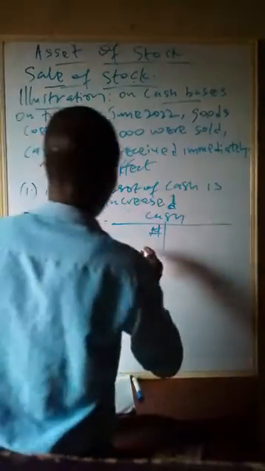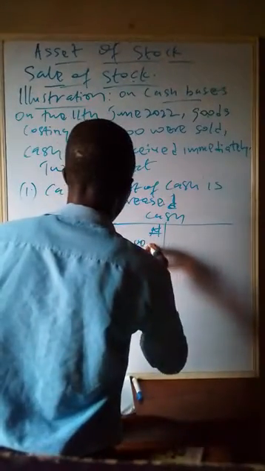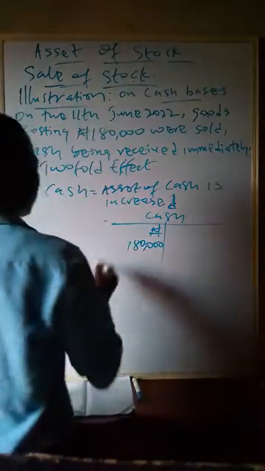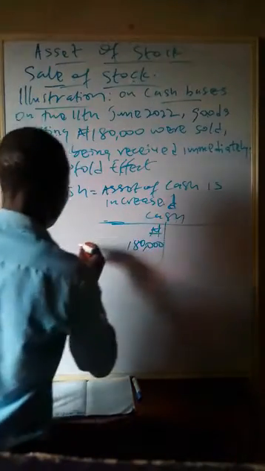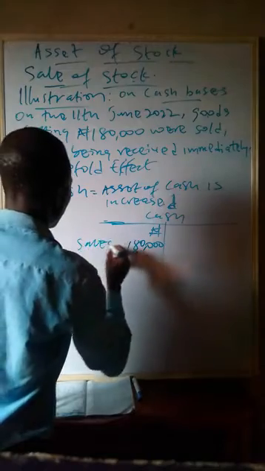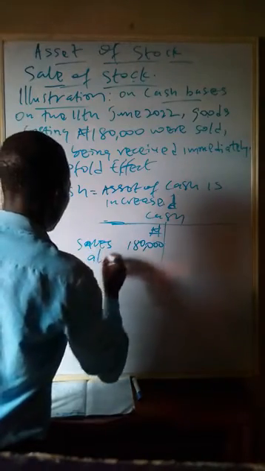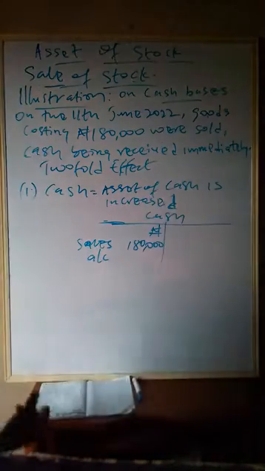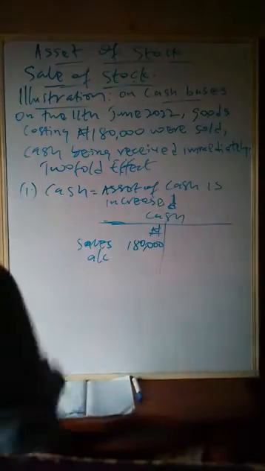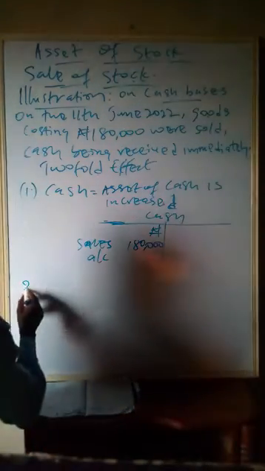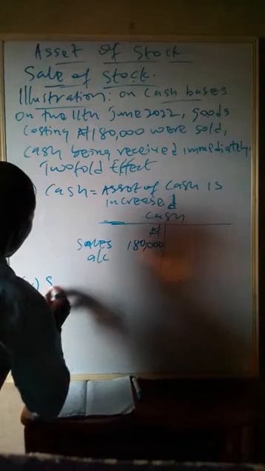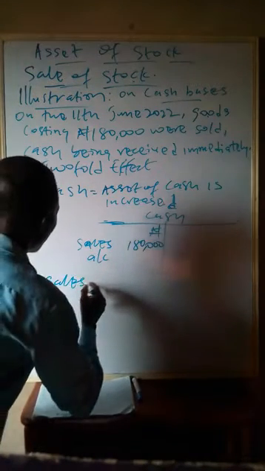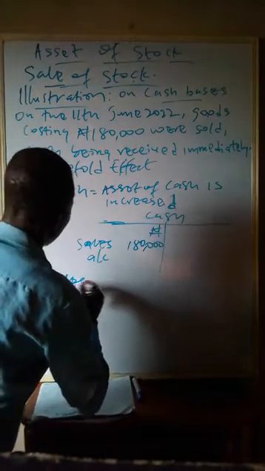We debit cash with 180,000 naira. And what's the corresponding entry? That is the sales account. Then second, the sales account.